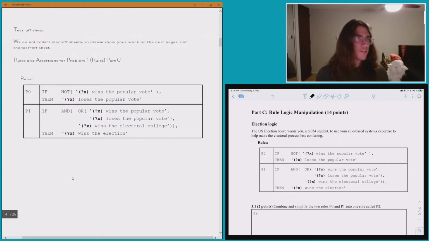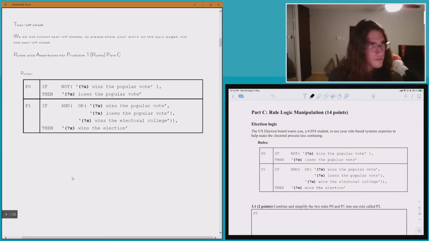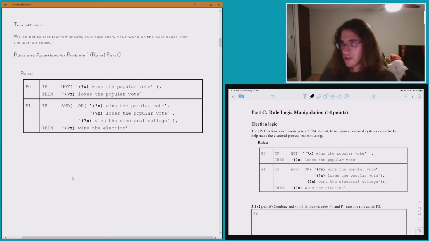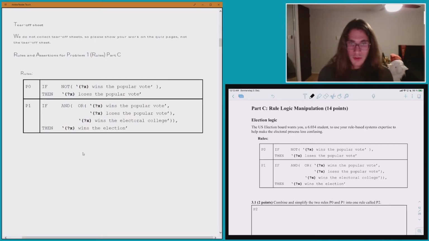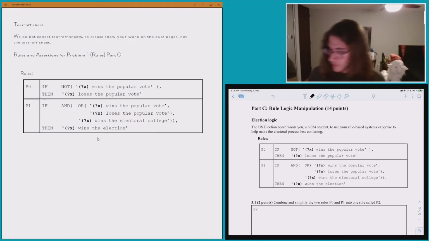I believe that's good enough. Okay, I trust that you've read the prompt, and we're asked here to combine and simplify the two rules P0, P1 into one rule called P2.